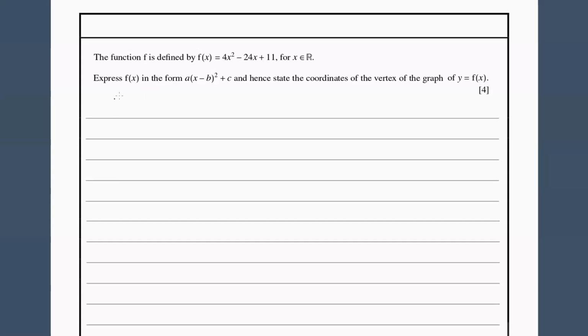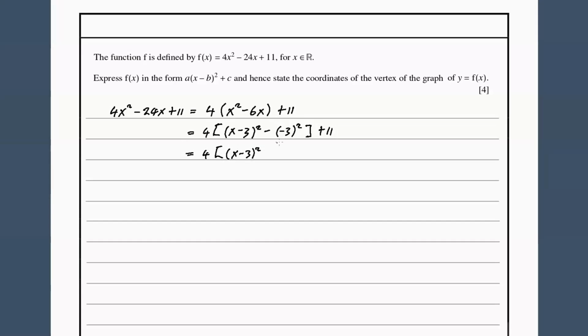All right, so we have the 4x squared minus 24x plus 11, and they want us to complete the square basically. So factoring out the 4, we get x squared minus 6x inside the bracket, and it's plus 11. Now completing the square, 4 of x minus 3 squared minus 3 squared close bracket plus 11. 4 of x minus 3 squared, and this is minus 9 plus 11.